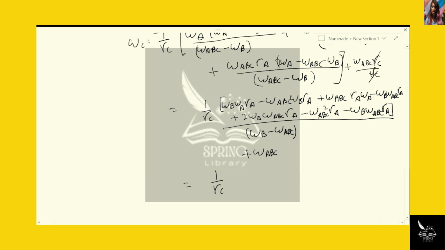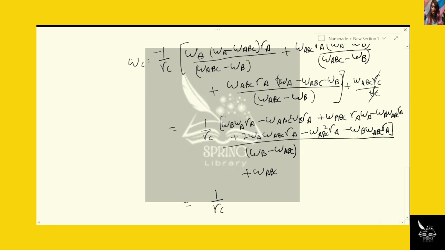Are there cancellations? Well, we have additions because we have one of this and one of this, so they add, and they also add omega ABC RA.